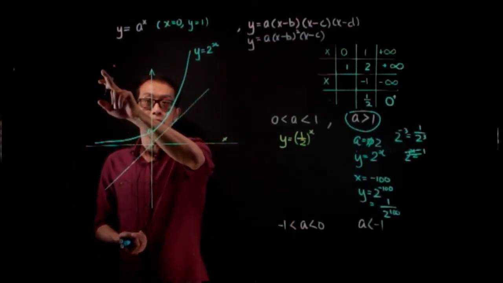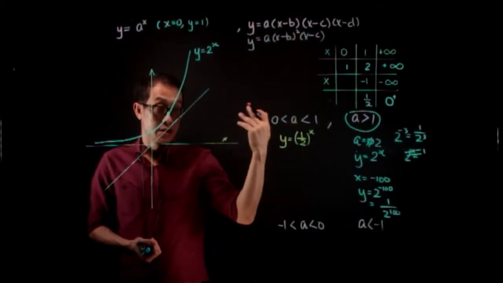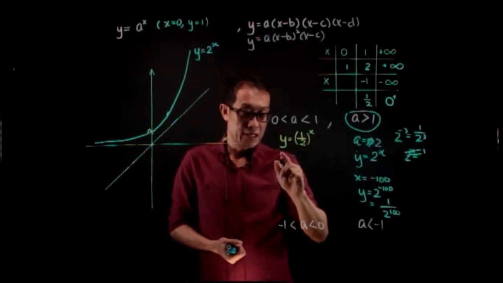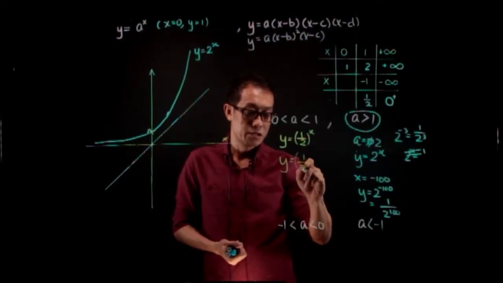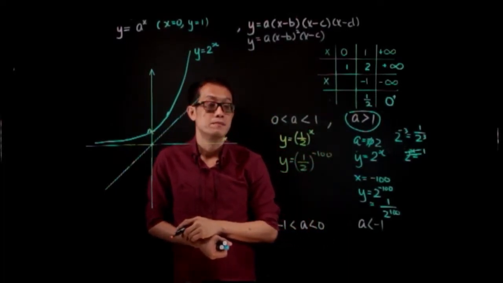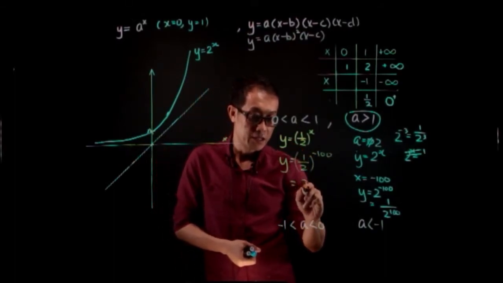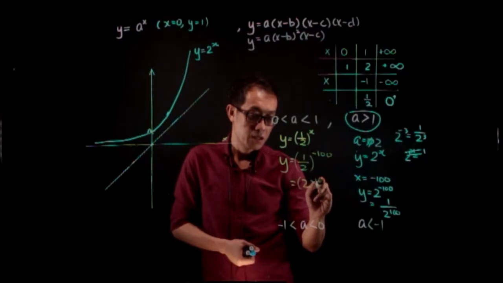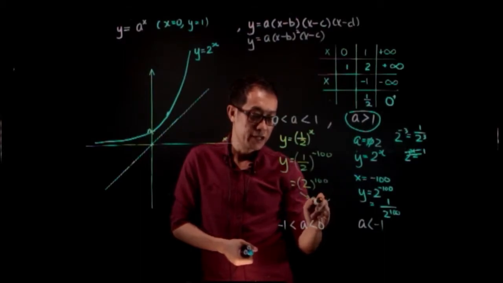And what happens if x is negatively large? What will happen? You flip this because of negative, the rule of indices. So this tends to positive infinity.